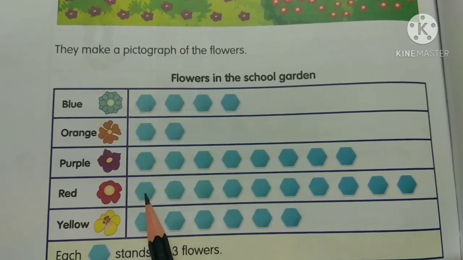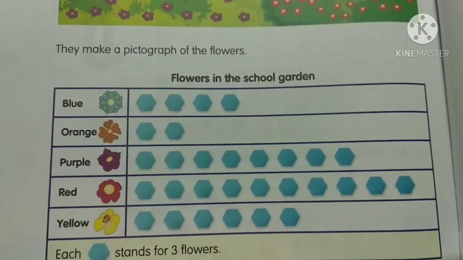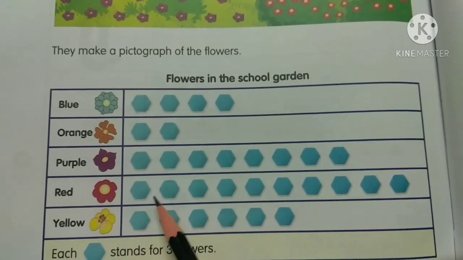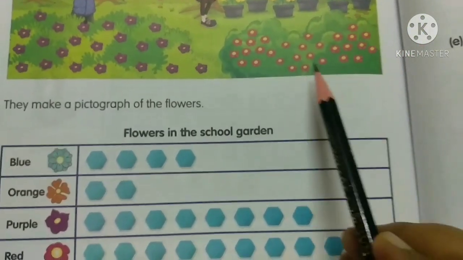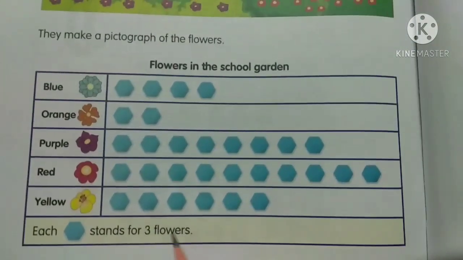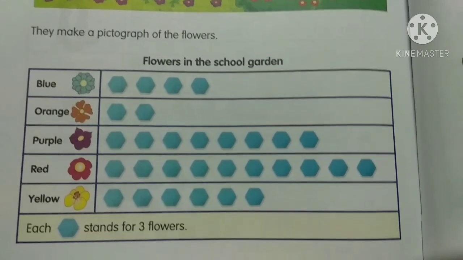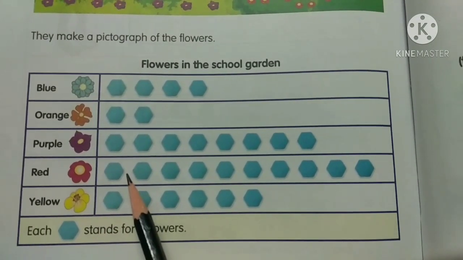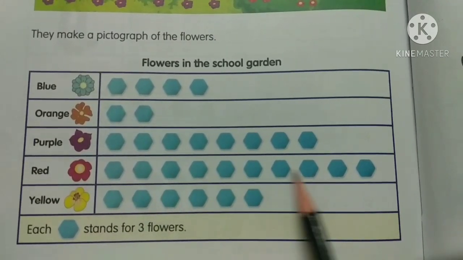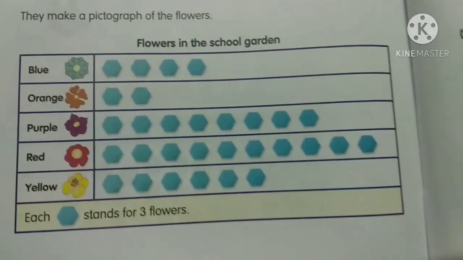Here 1 2 3 4 5 6 7 8 9 10. 10 pictures are here. Here 30 red flowers. 3 flowers are represented by this one picture. So 10 such pictures show 30 red flowers.